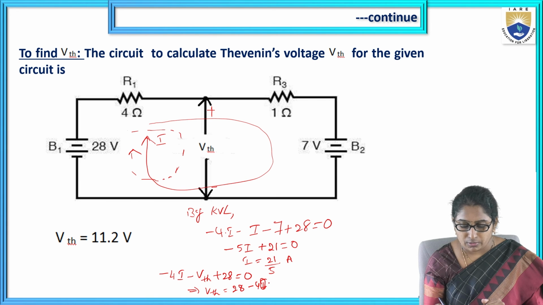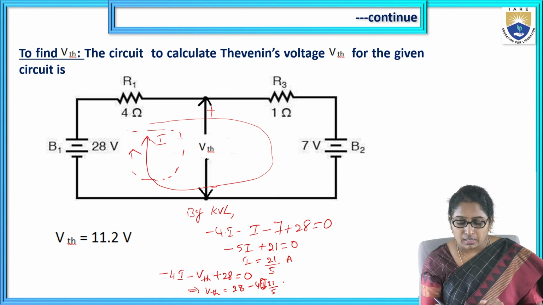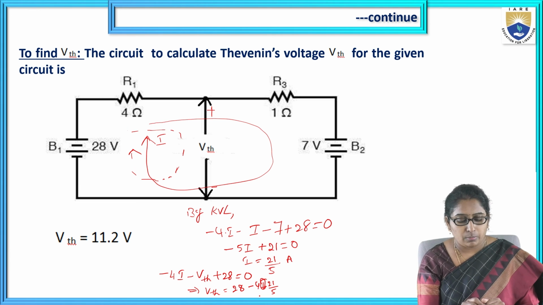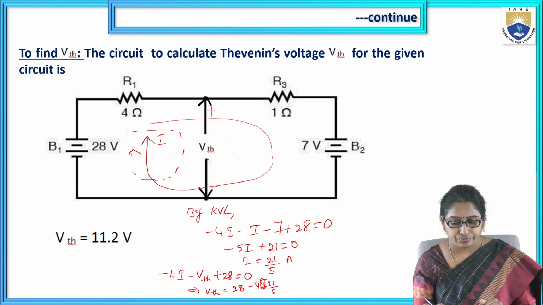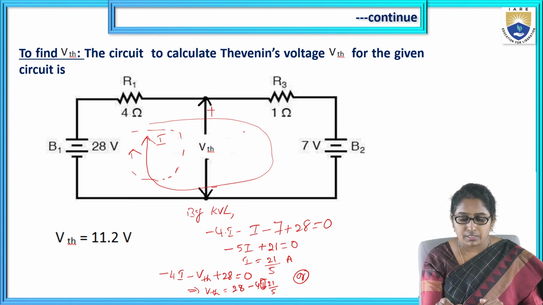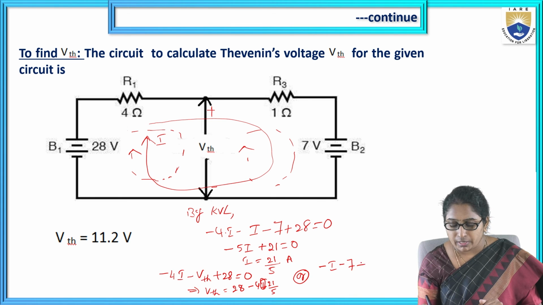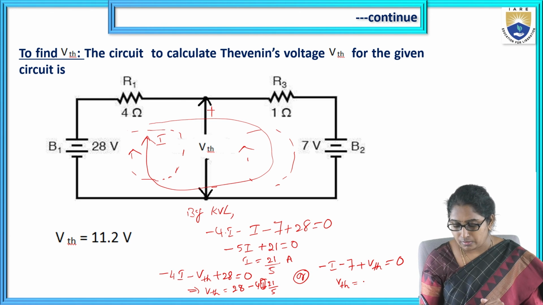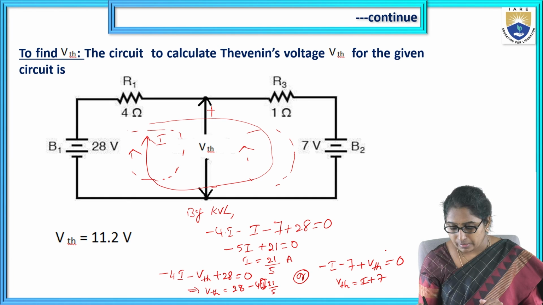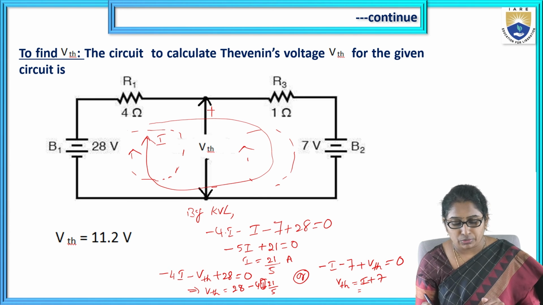Substituting 21 by 5, our answer will be 11.2. If you consider the right side sub loop, you will get one more equation, but the answer for VTH will be the same. So here also you get 11.2.